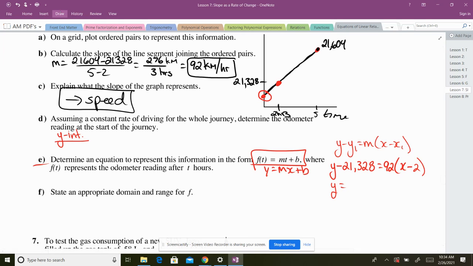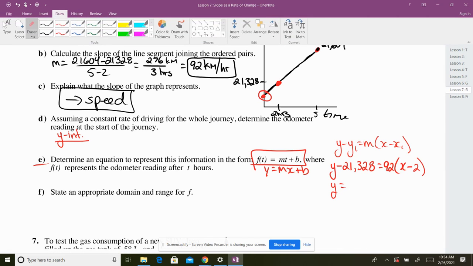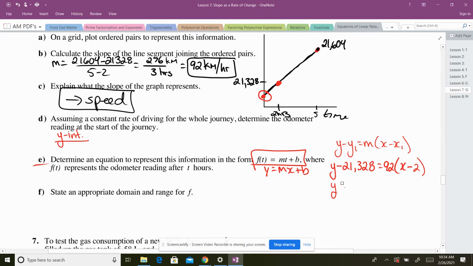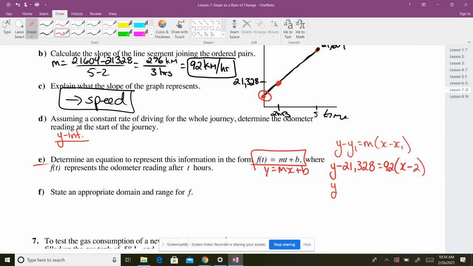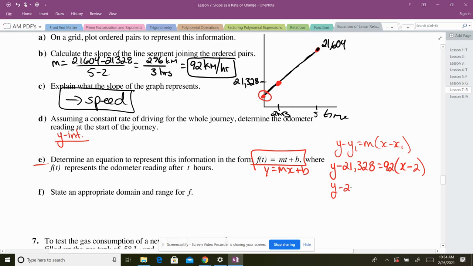That's right, multiply that in. See, it's the same stuff over and over again. So 92x minus 184. Add 21,328 to each side.